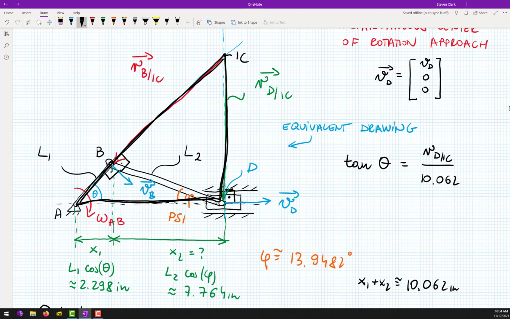So RDIC is equal to 10.062 times tangent 40 degrees. Grab your calculators and obtain that RDIC is approximately 8.443 inches.